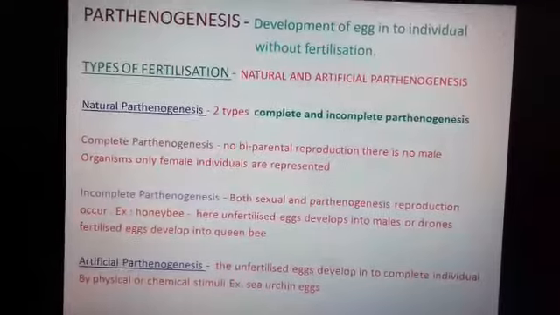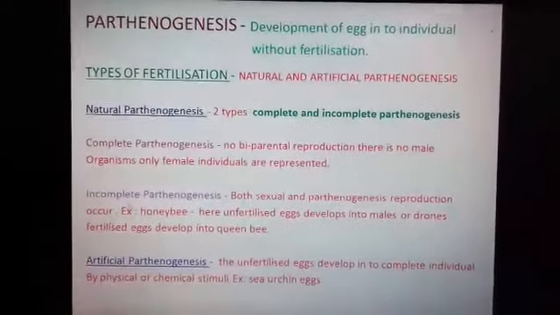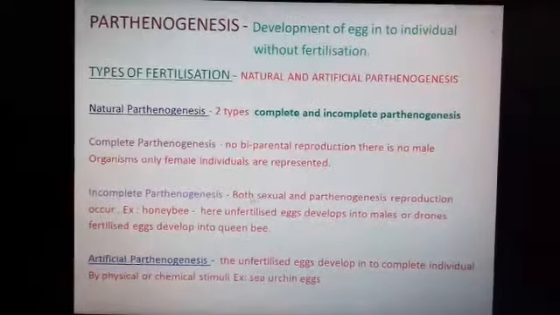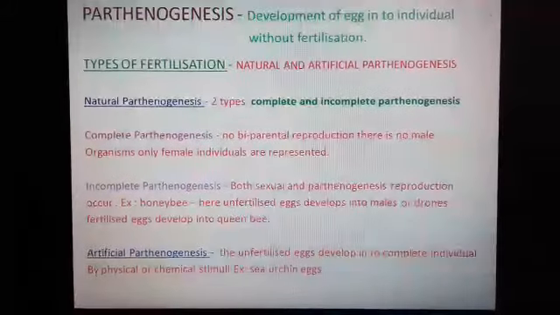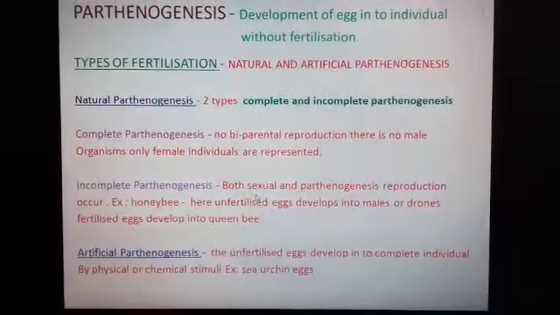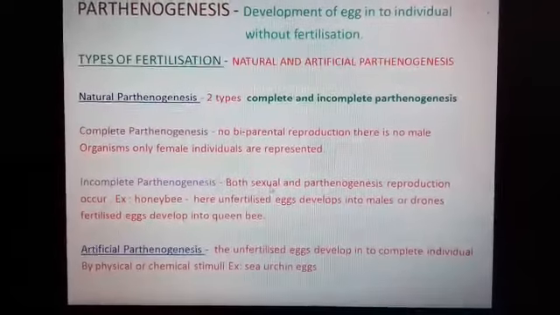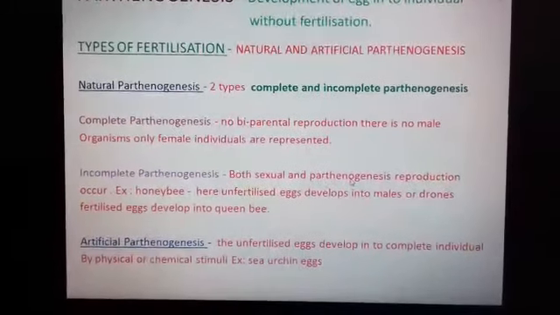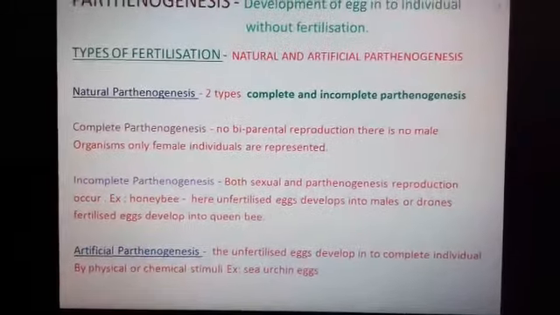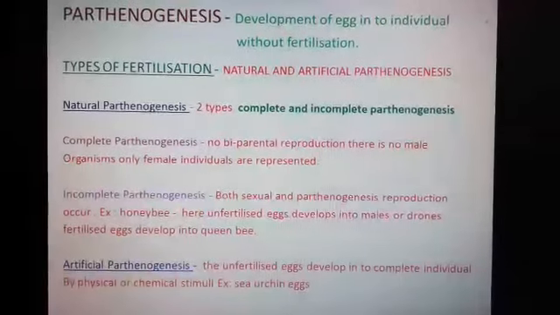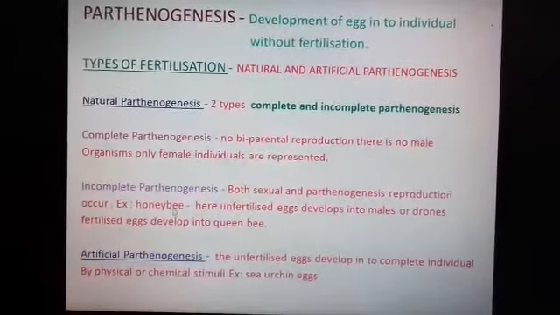The incomplete parthenogenesis. In incomplete parthenogenesis, it takes place both sexually as well as otherwise. That is, fertilization takes place, as well as non-fertilization is also possible in this condition of incomplete parthenogenesis. For example, you can take a honeybee.